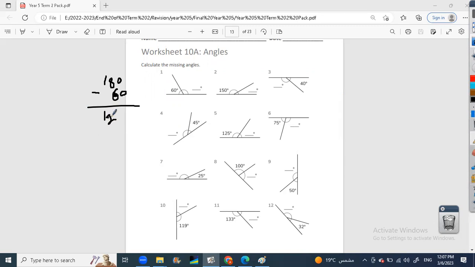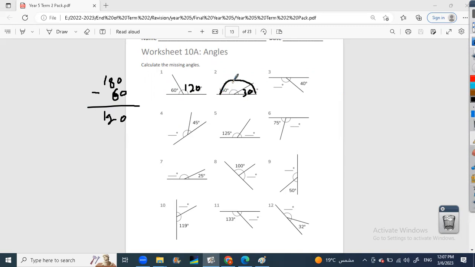Sorry for my terrible handwriting. 120. So this is 60, this is 120 degrees. All right, this is 150 degrees, so this is 30 degrees. Why, Mister? Because both of them together should make 180 degrees.